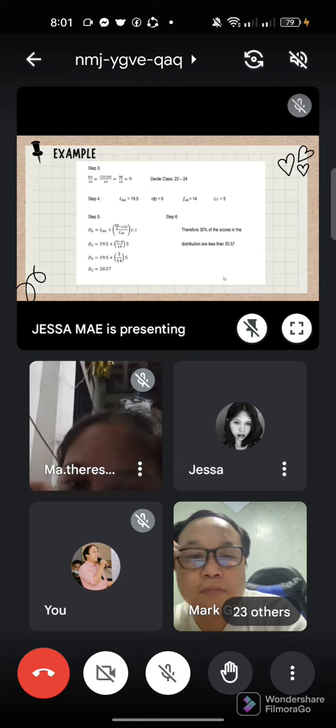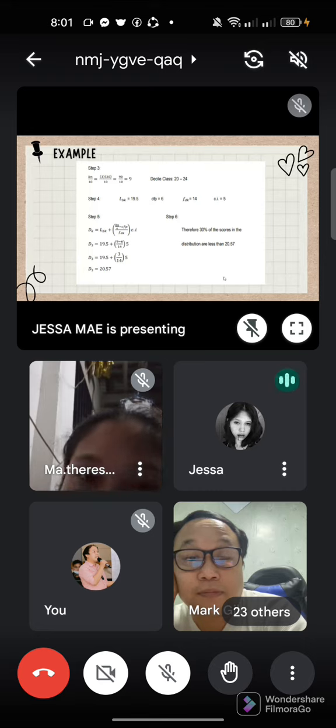Step 4, our LBk, which is the lower boundary, yung 20. Yung lower boundary makikita po natin sa left side at yung highest boundary nasa right side. So, ang nasa left side na lowest boundary natin sa decile class, which is yung 20, magma-minus po tayo ng 0.5.